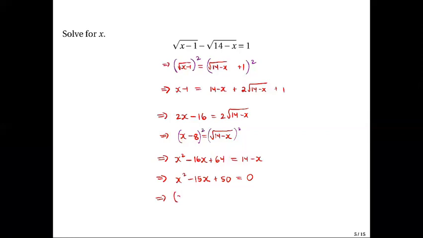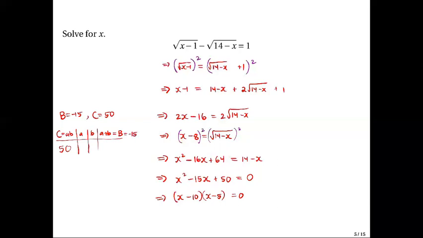We will be able to factor this into x minus 10, x minus 5 equals 0. You can do the details on the side. You have b equals minus 15, c equals 50. You need two numbers whose product is c, which is 50, and whose sum is b, minus 15.